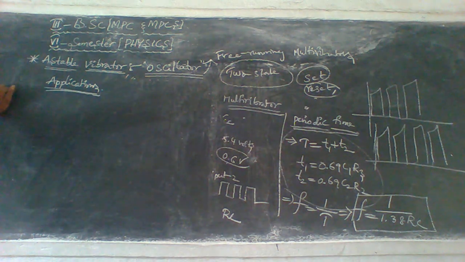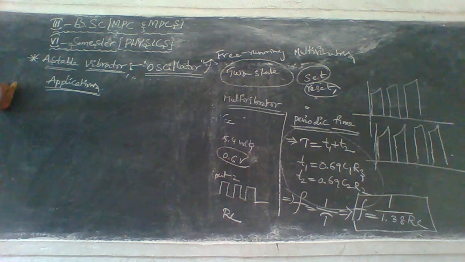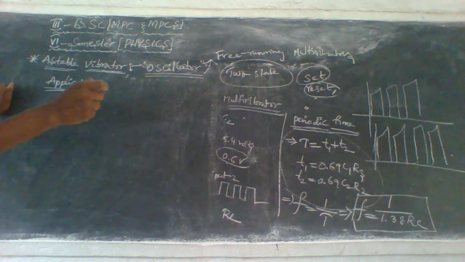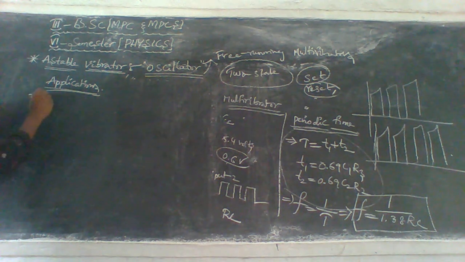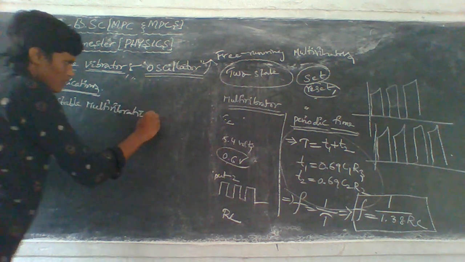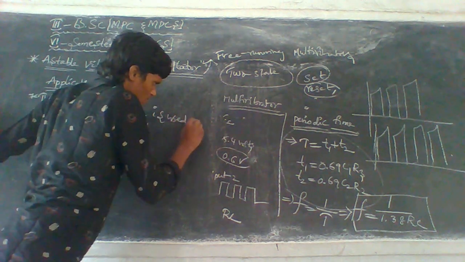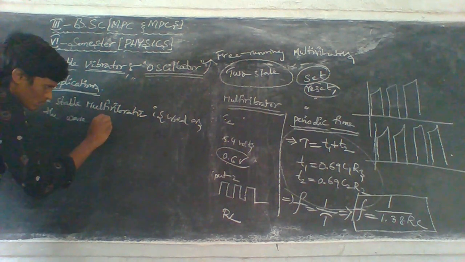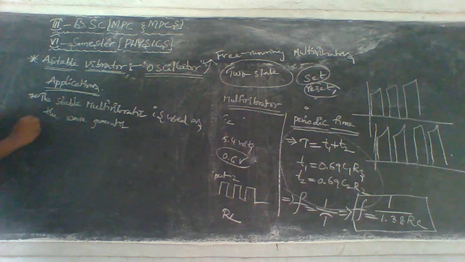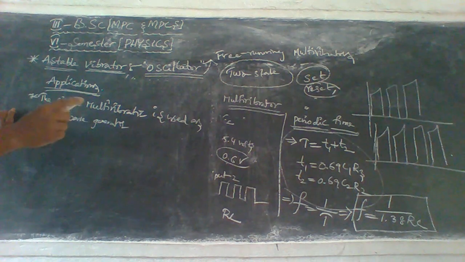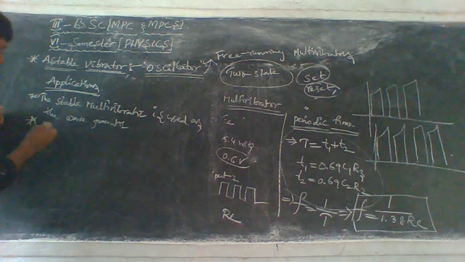Okay, so here the first application is that the astable multivibrator is used as a wave generator. Another application is that it is used as a voltage to frequency converter.